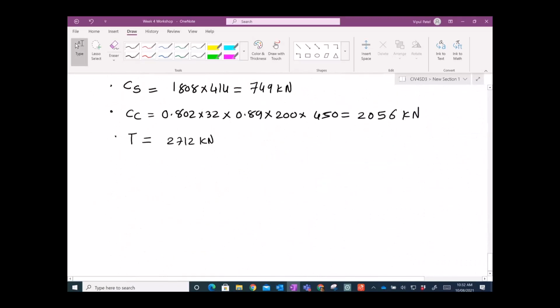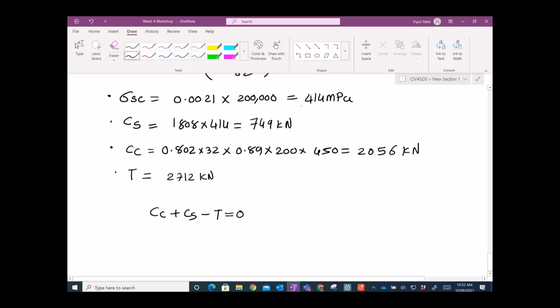So if I check the equilibrium, I would have Cc plus Cs minus T equal to 0. So you just do this: 749 Cc plus 2056 minus 2712. You will get around 92 kilonewtons, which is not 0.